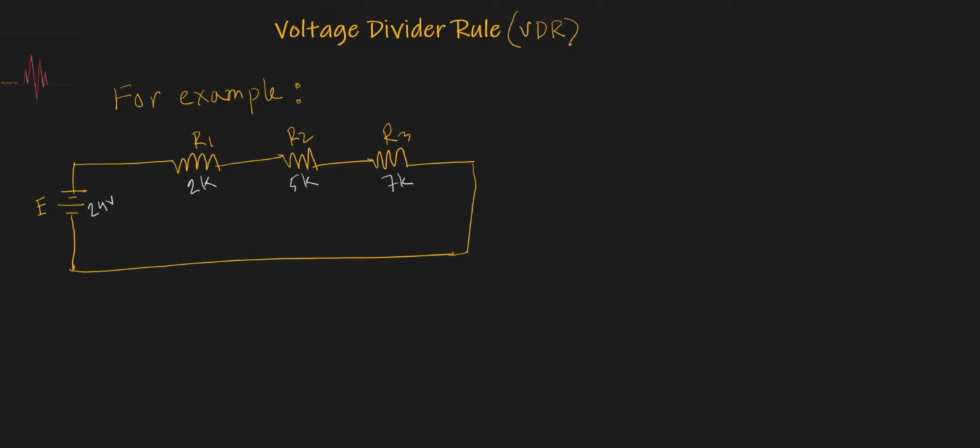For example, suppose we have a series circuit with a 24 volt voltage source and 3 resistors. The circuit is grounded. Here flows the total current Is. Now, what is the value of V1, V2 and V3?